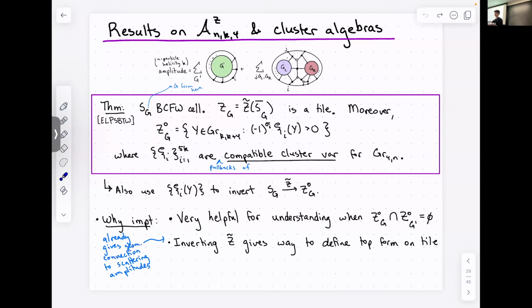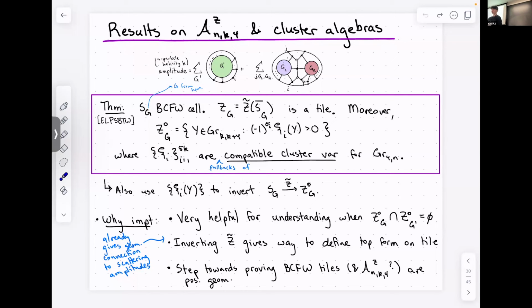Another reason that this sort of thing is useful is that inverting the Z tilde map, which is really closely related to the semi-algebraic description, gives you a way to define a top form on each tile, by using a natural top form from the cell that it came from. And just doing this already gives a strong geometric connection to scattering amplitudes.